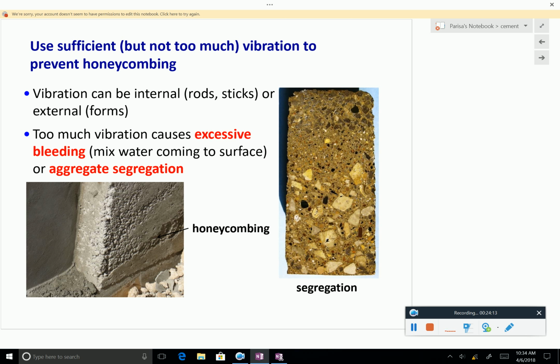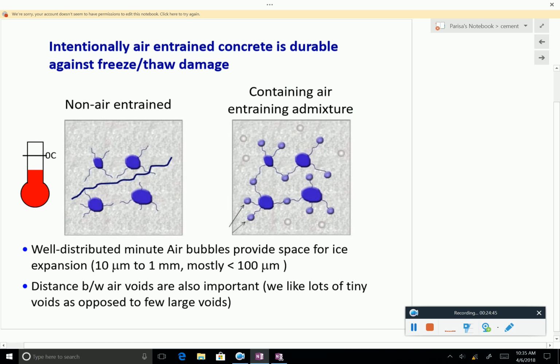If you do this a lot, then it causes segregation. That means the aggregates and cement go their own separate ways. So you'll have some pieces of aggregates with not enough cement in between them, and you see something like that, and it's very porous. You don't have cement between aggregates, and that's not something you want to have.